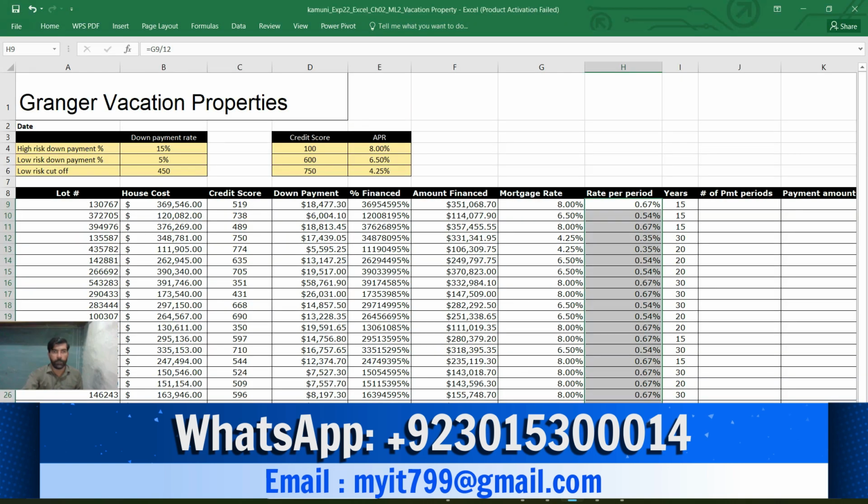Put equal here and multiply I9 with 12. Enter it. I get the total payment periods. Just copy the formula down to J28.